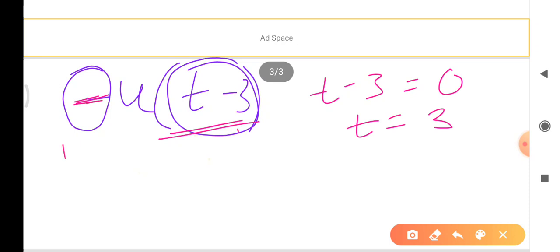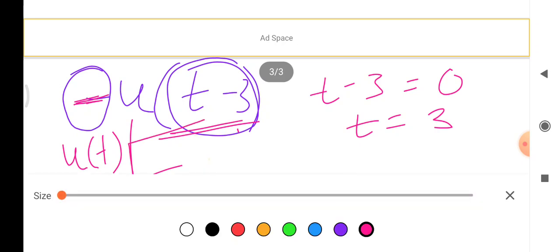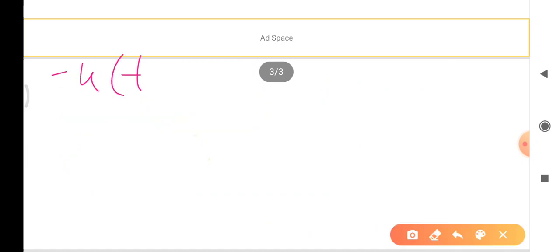First you get minus u of t, which is this signal.